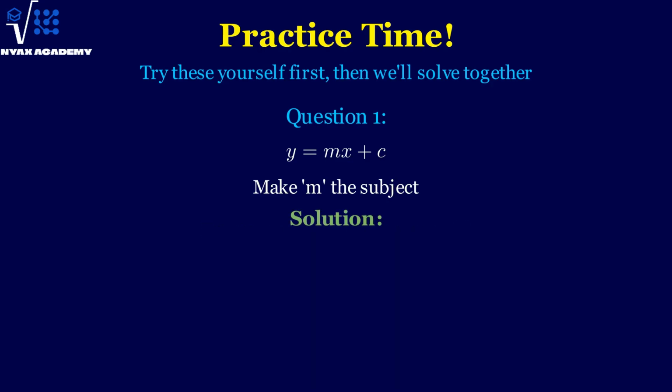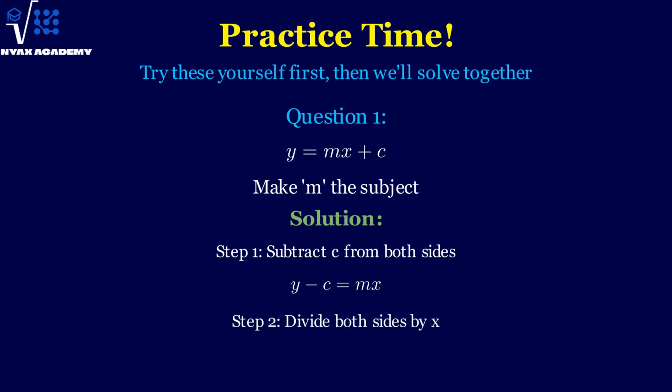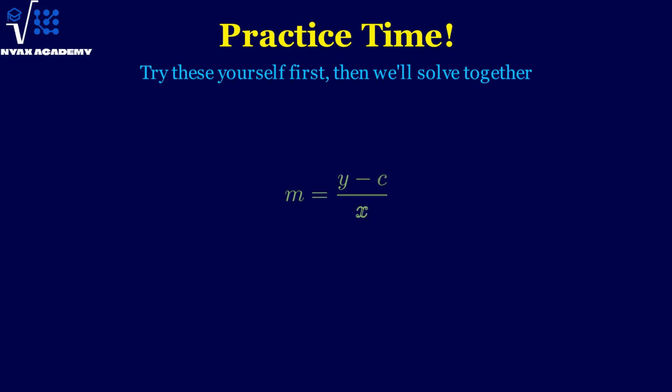First, we subtract c from both sides of the equation, resulting in y minus c is equal to mx. Then we divide both sides by x, which results in y minus c over x is equal to m. We have attained the subject, and we now move it to the left hand side, resulting in m is equal to y minus c over x as our final answer.